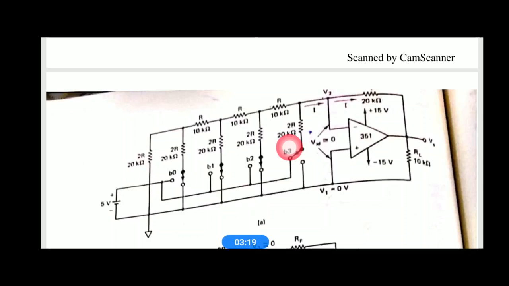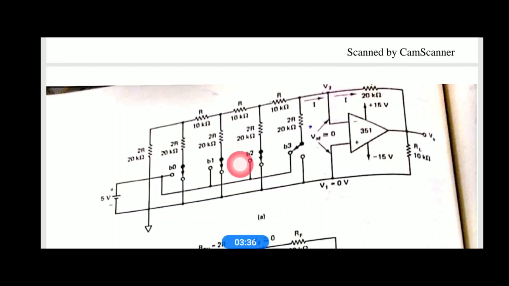The R to 2R resistor analysis is a little complex as compared to binary weighted resistor, because here the circuit at the input side, the analysis you have to do by using Thevenin's equivalent circuit analysis, or you can use the current divider rule.